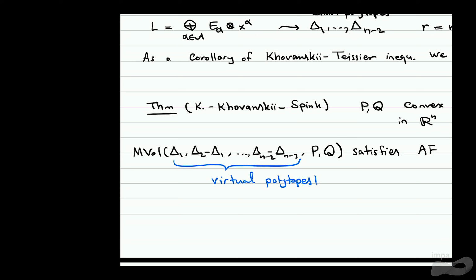It is one subvariety. But because it comes from a vector bundle, it is not represented by a product of classes of polytopes, but a product of classes of virtual polytopes. Still, it's positive in the sense that it is represented by one subvariety. And that's why you can apply Khovanskii-Teissier to that subvariety.